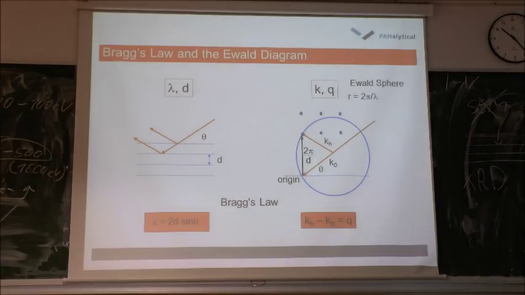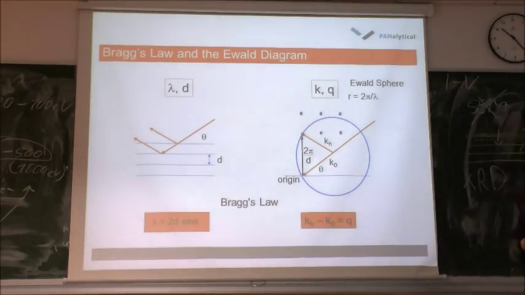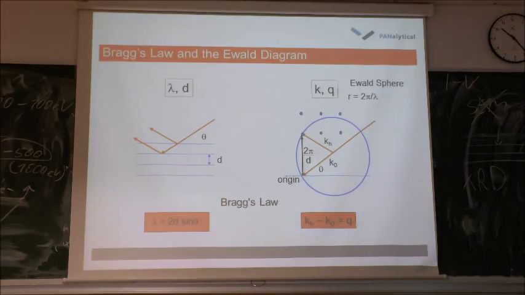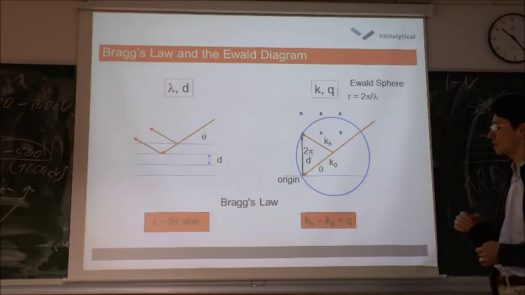In most of the cases that will be presented today, Bragg-Brentano is the law which determines what will be recorded on the detector side. So the diffraction is governed by Bragg's law. It's a very simple law.